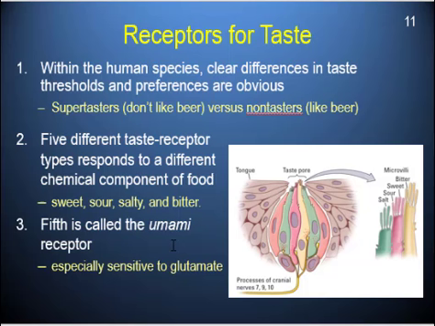If you have ever added MSG or seen that your food has MSG in it, monosodium glutamate, that might be what you are tasting, and that might be what sets your umami receptor off, which is why some people like to add soy sauce, for example, to certain food items, because soy sauce typically has MSG in it, whereas other people don't, because they don't like having that receptor activated in that particular way.